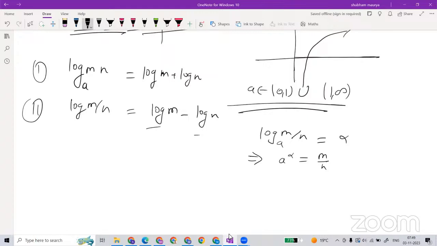This alpha value should equal this one. We can take log on both sides. If you take log on both sides here, this is going to be alpha log a. So we'll get the same, no? M by n.